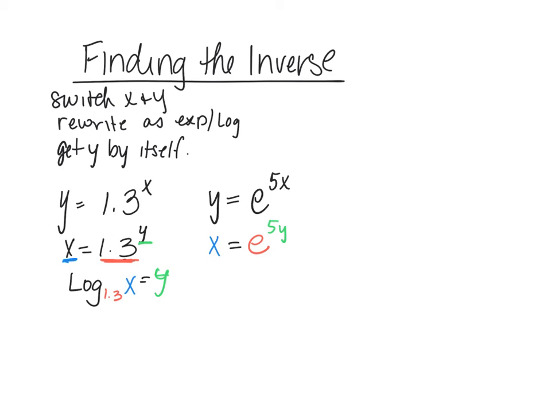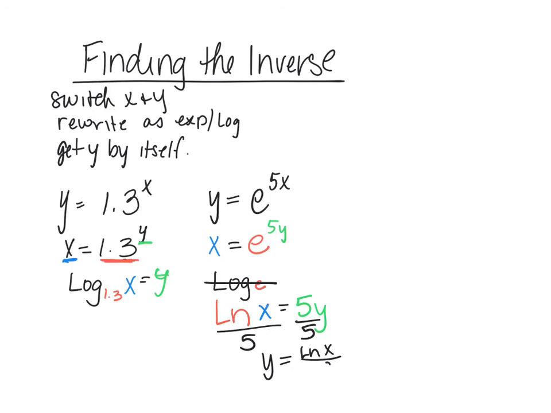We're switching the variables. Now we're going to rewrite it as log base e, but we don't write log base e. We write ln of x equals the exponent 5y. And then y is not by itself yet, so we need to divide by the 5. So we can say y equals the natural log of x divided by 5, or we can write 1/5 natural log of x.